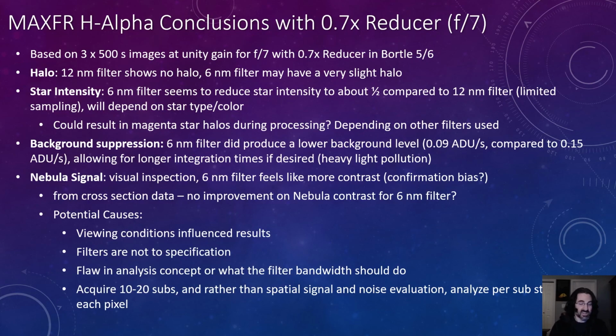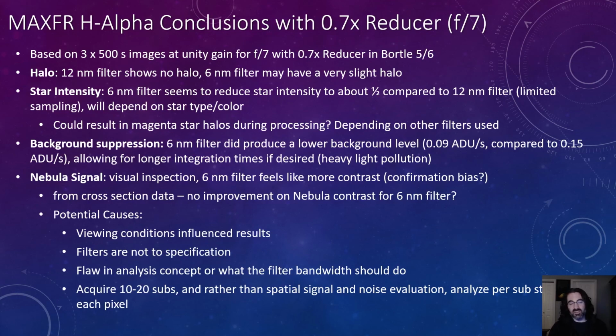Maybe there's a flaw in my analysis concept or what the filter bandwidth should be doing to this kind of signal. I was thinking I might get some more data where I acquire 10 or 20 subs, and rather than doing some of these spatial comparisons to look at signal and noise evaluation, look at those stacked subs individually to get the statistics for each pixel.